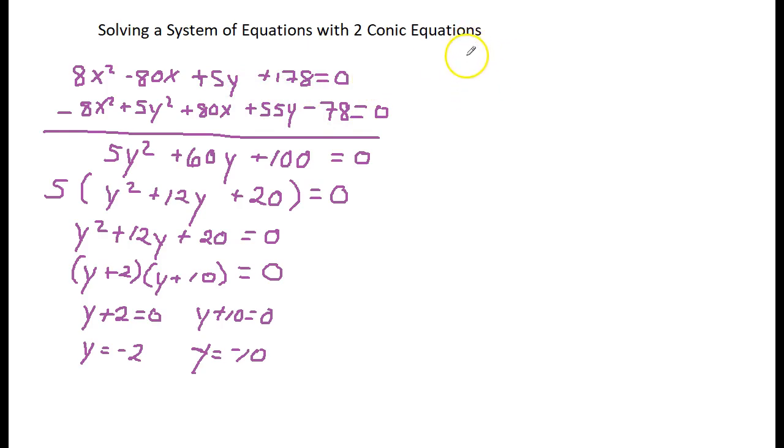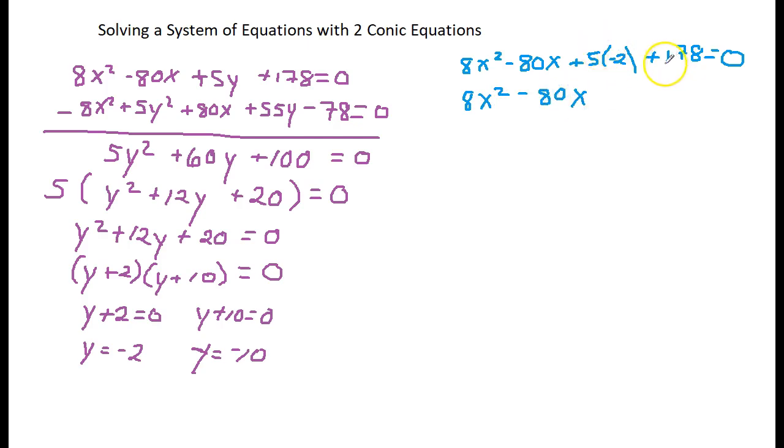Okay, so I have 8x squared minus 80x plus 5 times negative 2 plus 178 equals 0. All right, so I have 8x squared minus 80x. 5 times negative 2 is negative 10 plus 178 equals 0.